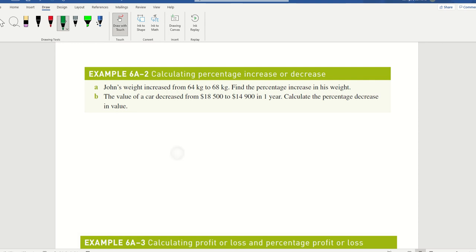John's weight. So it's going to increase from 64 to 68, percentage increase. So percentage increase equals then my change over the original by 100%.